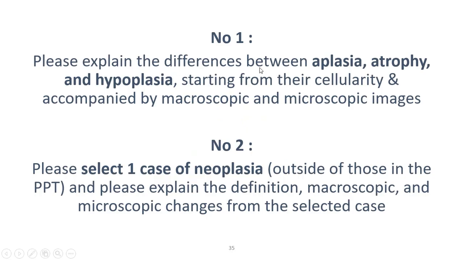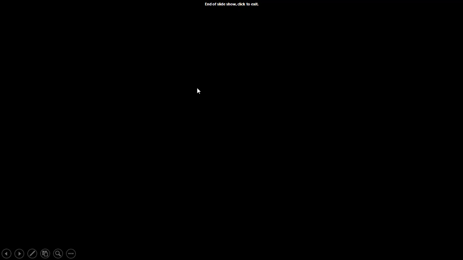The question is how to explain the difference between aplasia, atrophy, and hypoplasia, and select one case of neoplasia outside of this PPT and explain the definition, macroscopic and microscopic changes. That's all for the practice materials. I guess you can submit the reports the same way as the previous submission method.